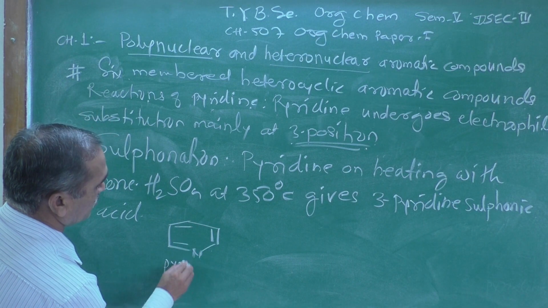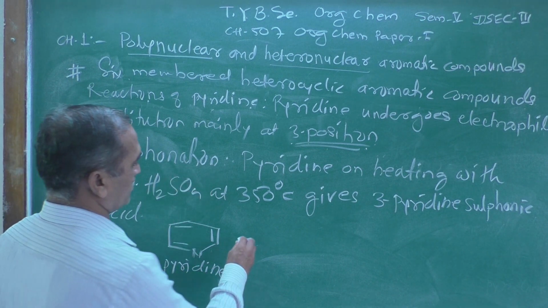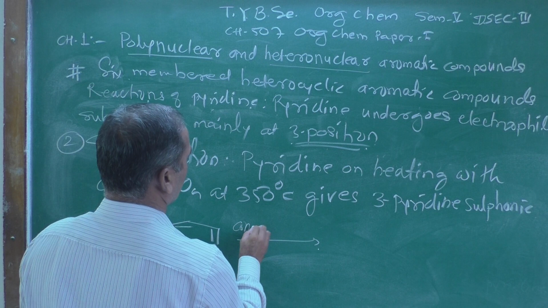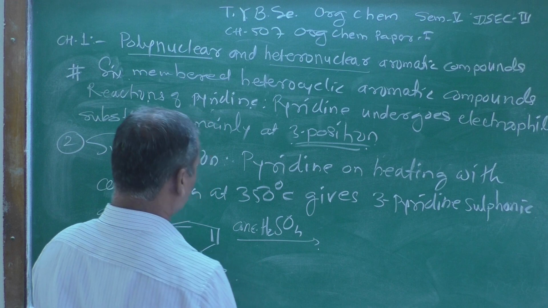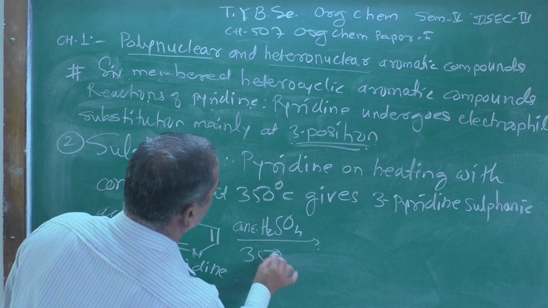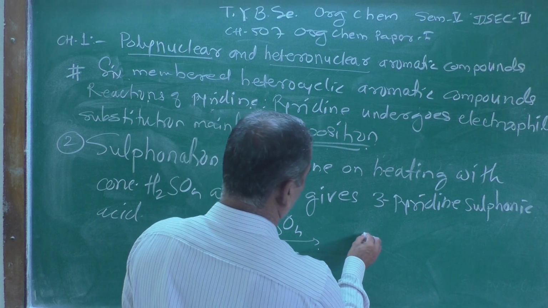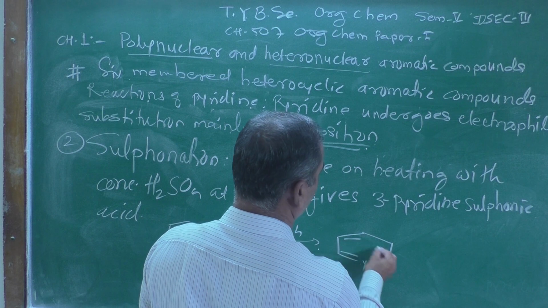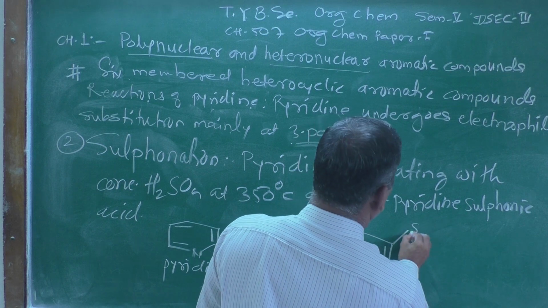When this pyridine is treated with concentrated H2SO4, and the temperature is kept around 350 degrees centigrade, it produces this product, which has an SO3H group.